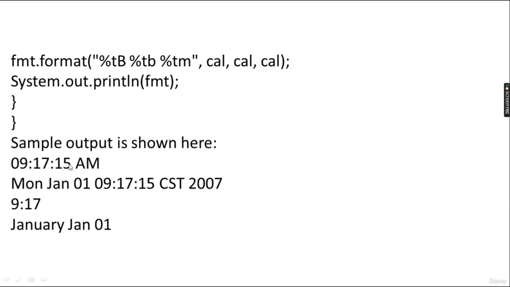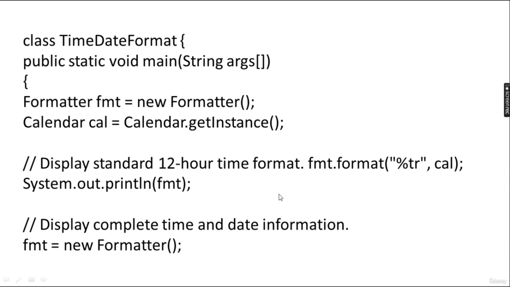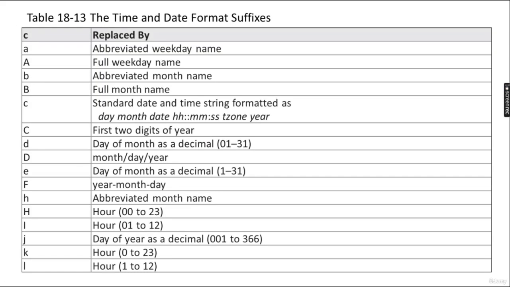Sample output is 9:17:15 a.m., Monday, January 1, 9:17:15 CST 2007, 9:17, January, Jan, 01. So depending upon your choice, which type of formatting you want to display for your time, you can use the format specifier.